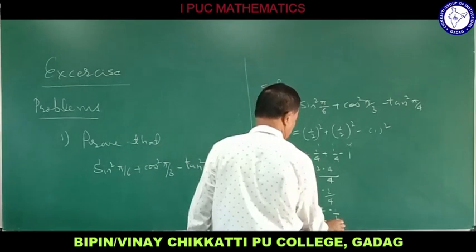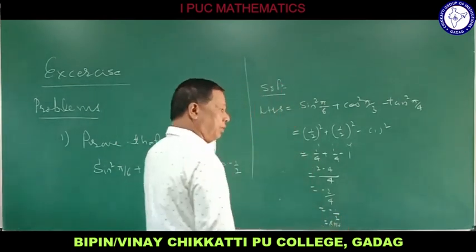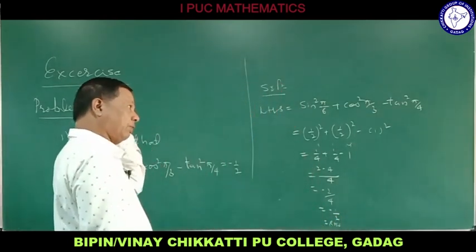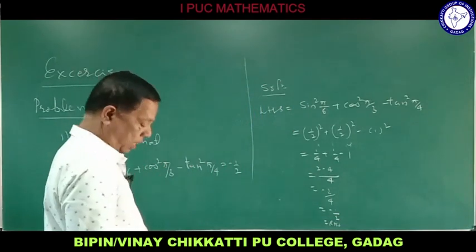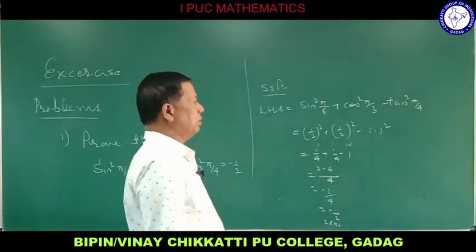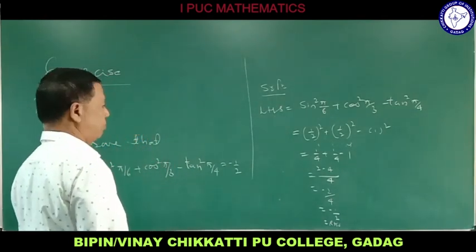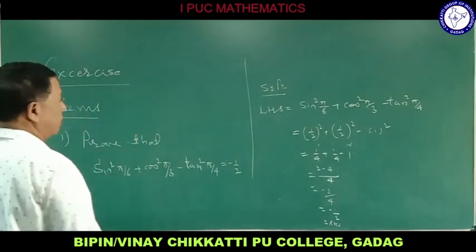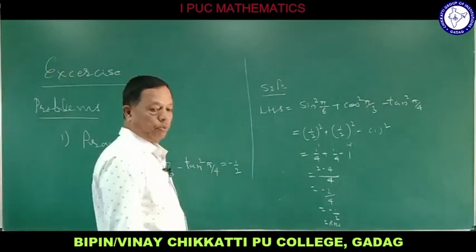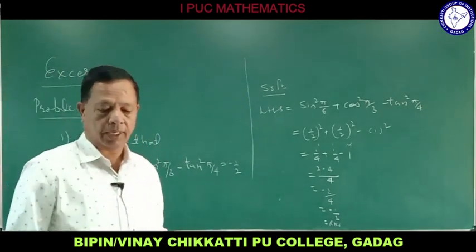This is the RHS. This is how we prove LHS equal to RHS. I am taking only the odd numbers out of 25; the even number problems you have to do afterwards. This is the solution for the first problem.